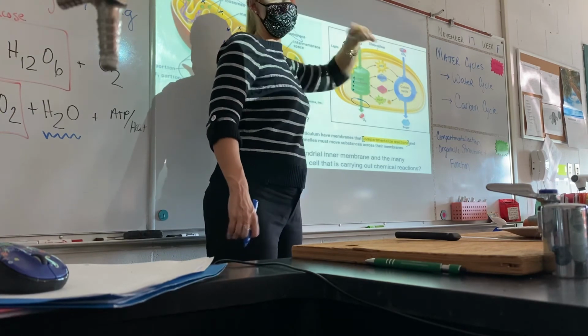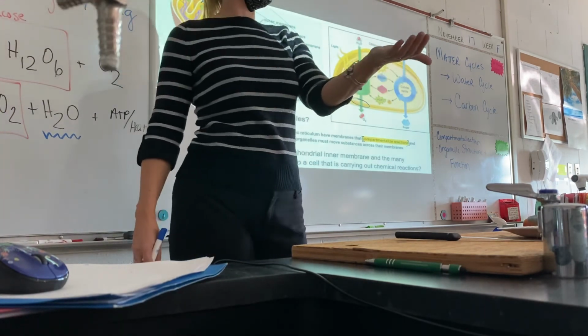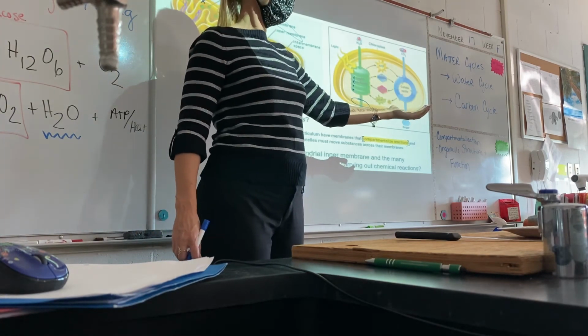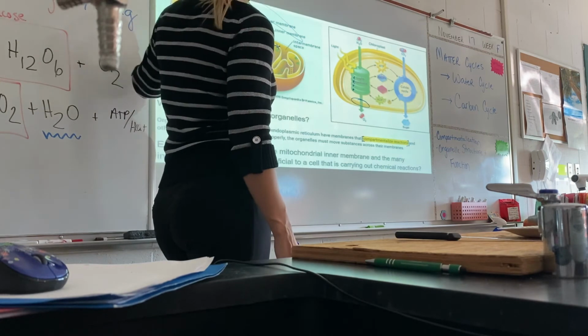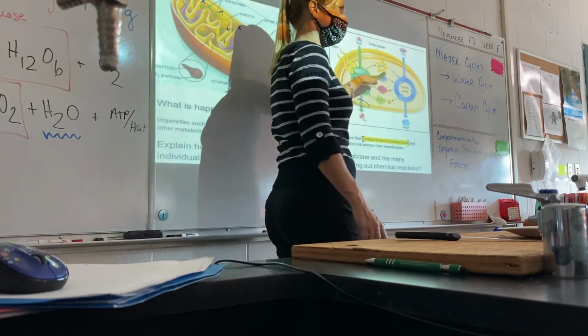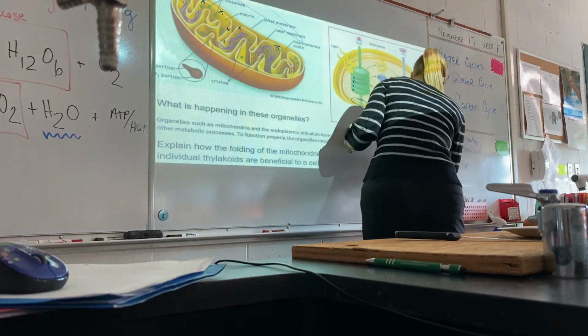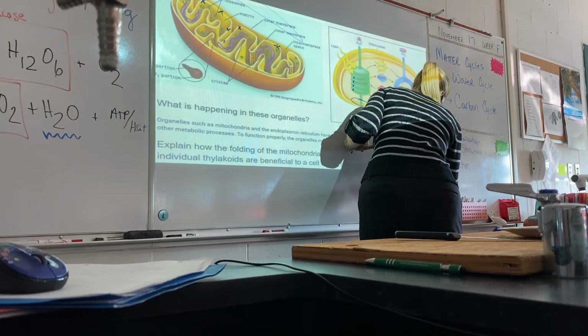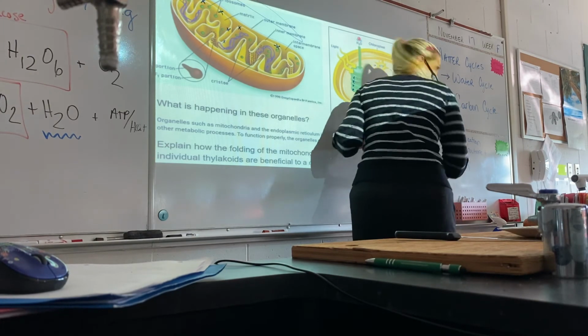The more I have, the more surface area I have, the more those reactions can take place, right? So by increasing my surface area with these folds and with the many stacks, here we're increasing surface area for the reactions to take place.